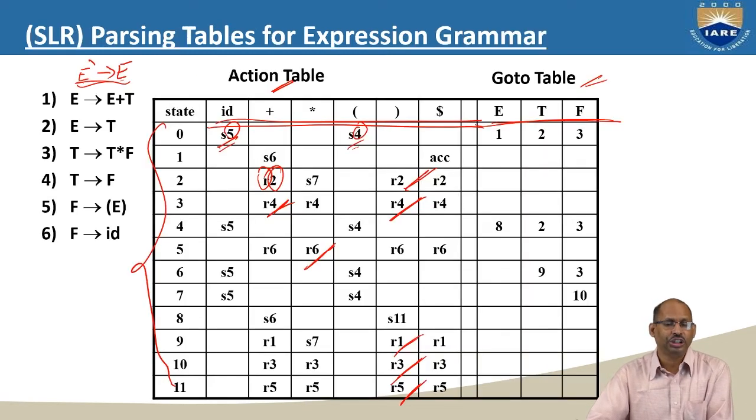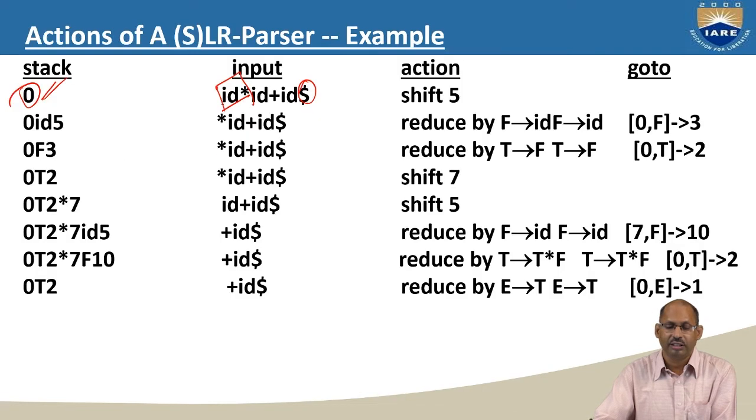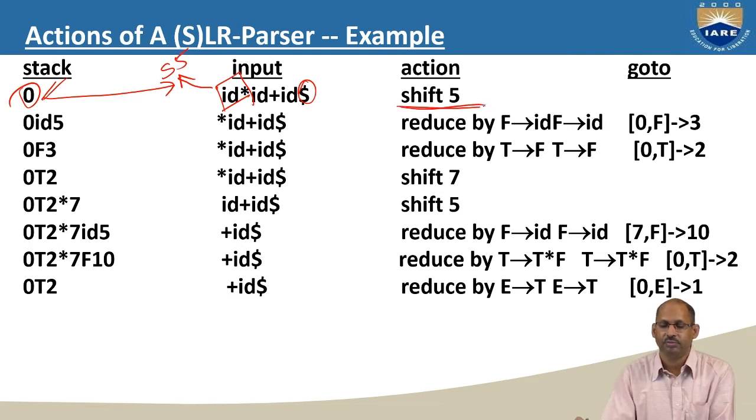What is 0 and id? It is given as S5. Shift 5.